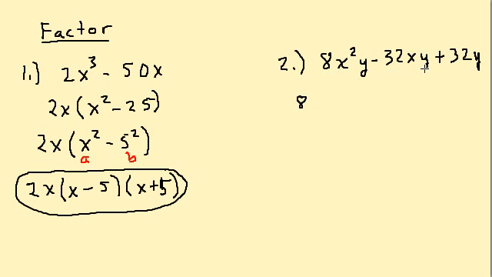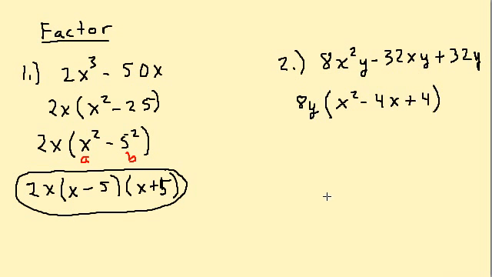And then I have a common factor of y. Okay. I don't have a common factor for x squared and x because this last term, the 32y, doesn't contain an x. So I factor out an 8y. So that's going to leave me with x squared minus 4x plus 4.